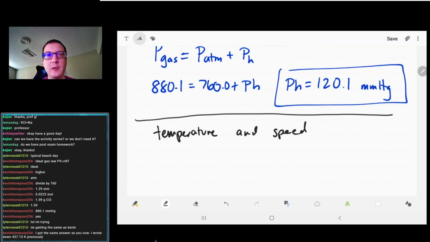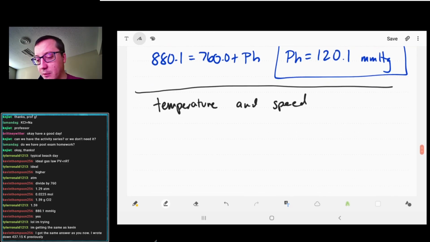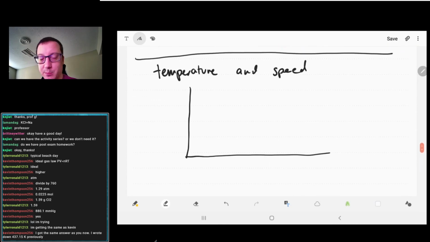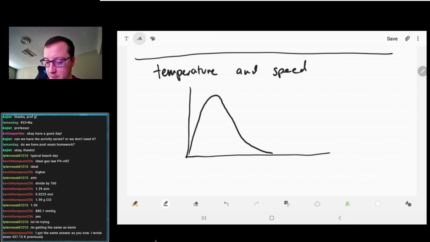Alrighty. So it is time now for us to talk about the relationship between temperature and speed. At a given temperature, whatever that temperature happens to be, this would be our speed and then the proportion of molecules.